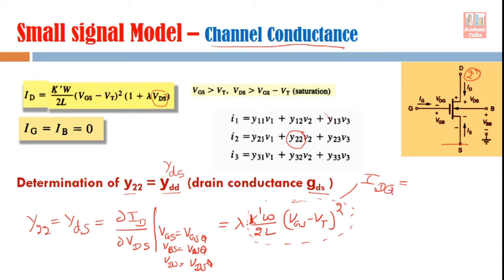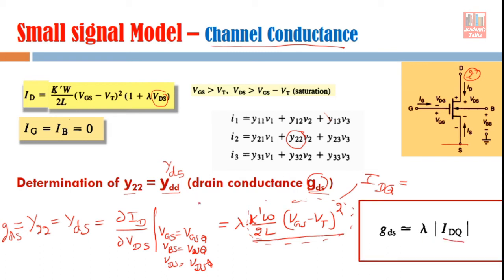If we ignore the lambda effect, then whatever it is, that is your ID, the drain current in the saturation region. It means you can write this YDS, which is actually your GDS also. It is mentioned here, GDS. So GDS you can write as lambda multiplied by, instead of this whole term, just IDQ, right? So that is your channel conductance, or you can say drain conductance.